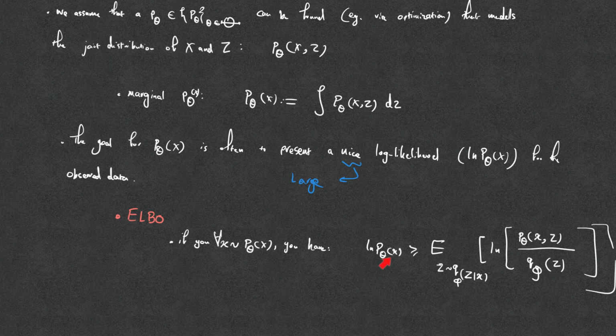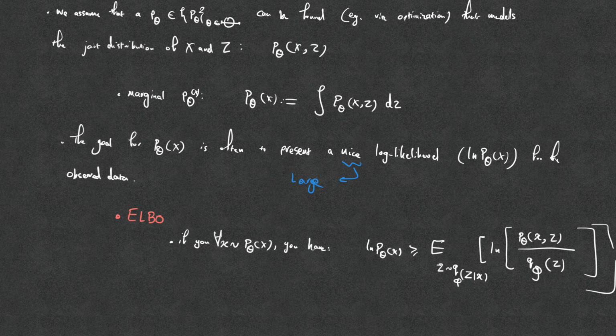By the way, p theta of x is the likelihood that you have observed example x, the probability of observing example x given theta, which is the likelihood of theta over x. That's essentially the thing that you are centering your attention around. So the idea for the ELBO is that this value that you're trying to maximize is lower bounded by this variational bound, and often focusing on optimizing this is easier. So let's see what this is.